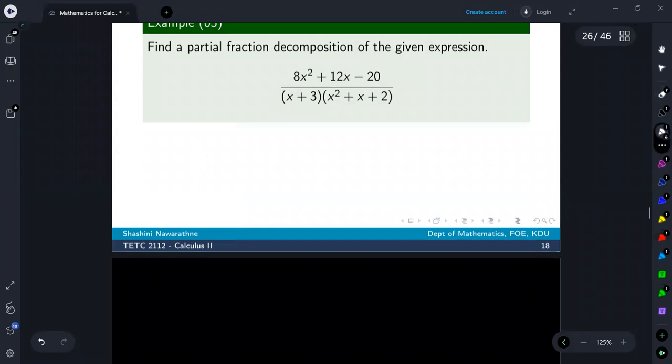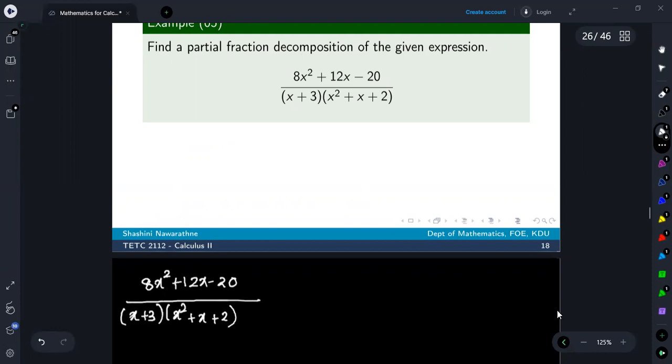The example that we are going to consider is (8x squared plus 12x minus 20) over (x plus 3)(x squared plus x plus 2).